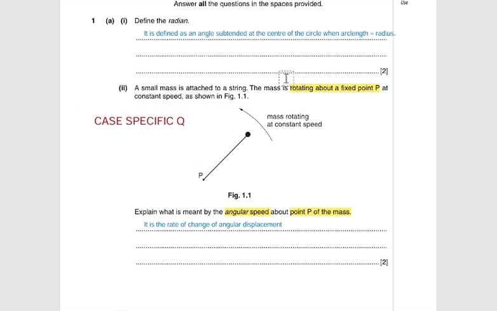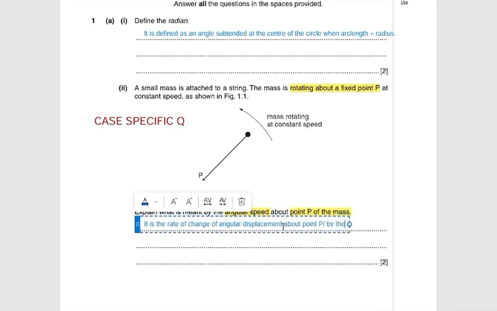The reason why they have given us such a big story above, that it's rotating about a point P, is so that we can relate our definition to this example, to this question given to us. So I can say it is the rate of change of angular displacement about point P. Or you can just say it is the rate of change of angular displacement by the string. Better way is to write by the string.